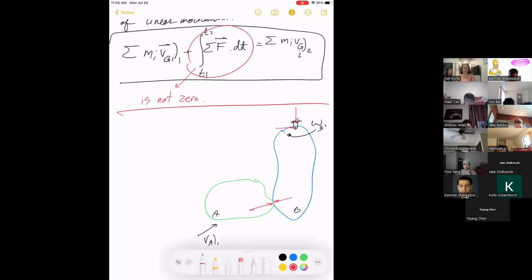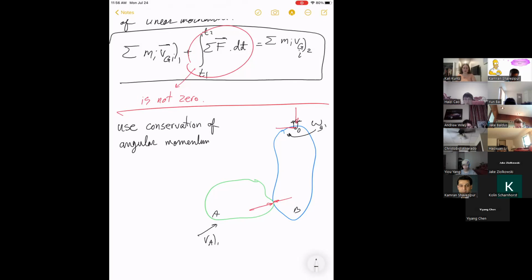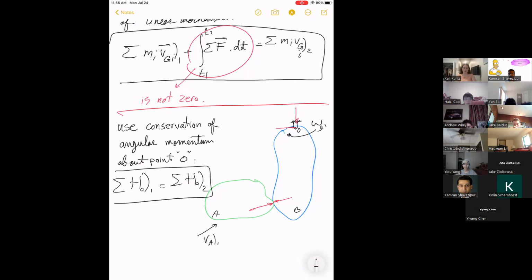Now, what you can do is use conservation of angular momentum about point O, summation of H about O at 1 equals summation of H about O at 2. This is for eccentric impact.